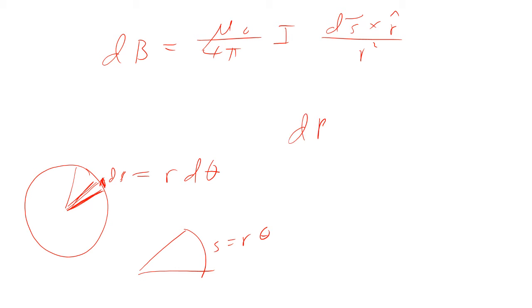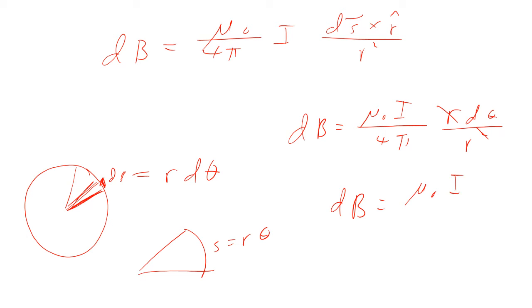So that means dB is going to be mu naught I over 4 pi times r d theta over r squared. Well, that r cancels that r. So dB is mu naught I over 4 pi r d theta.